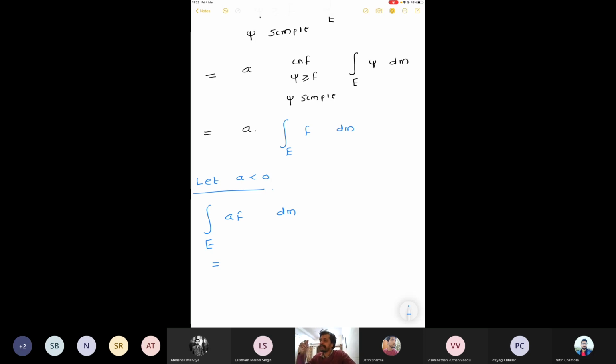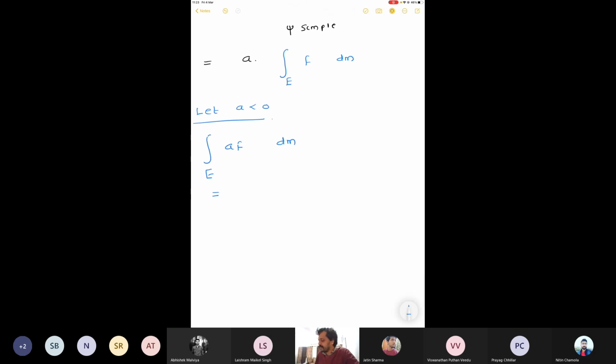So here I will consider a simple function less than or equal to AF, integrate it and then take the supremum. But instead of worrying about simple functions less than or equal to AF, it is enough to take simple functions less than or equal to F.